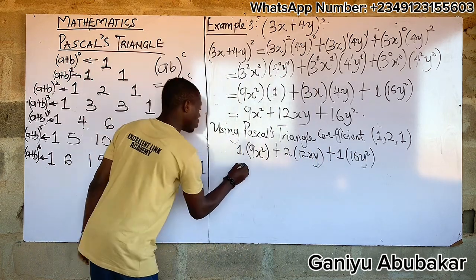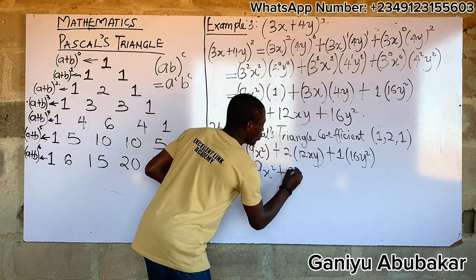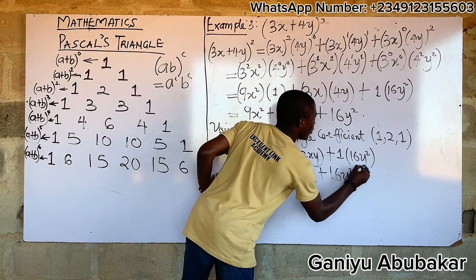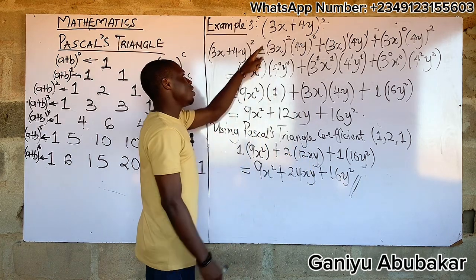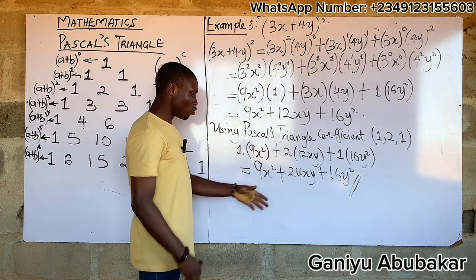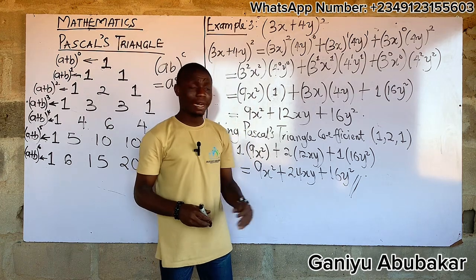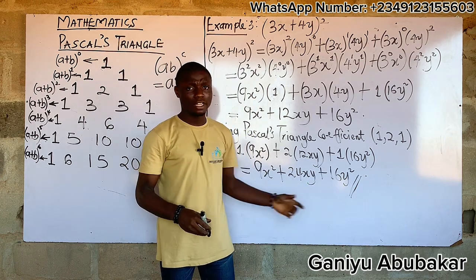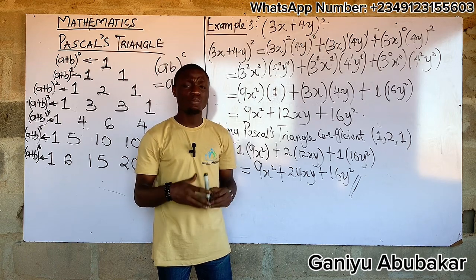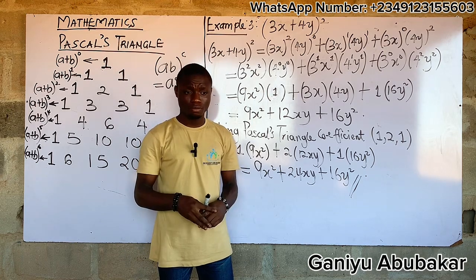Expand through, this gives 9x squared plus 24xy plus 16y squared. So if I expand 3x plus 4y power 2, I'll have 9x squared plus 24xy plus 16y squared as being my answer after expansion. Let's do one last example, then proceed to the third method called the combination method.